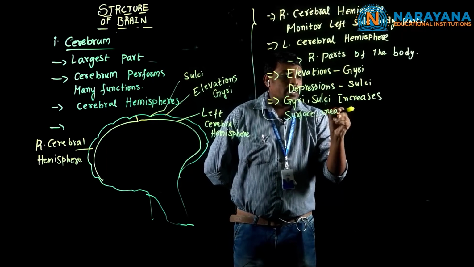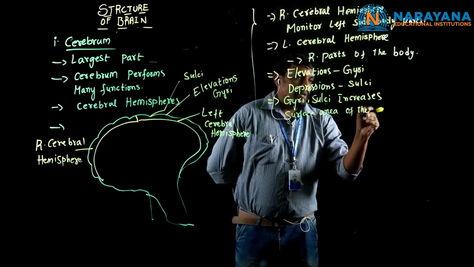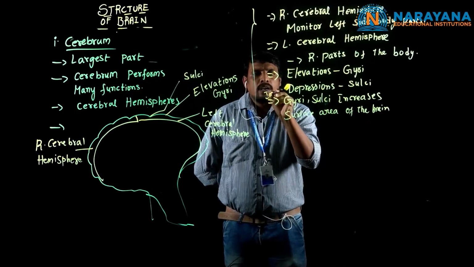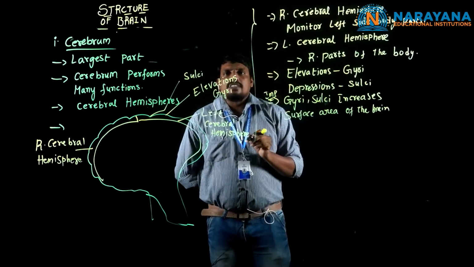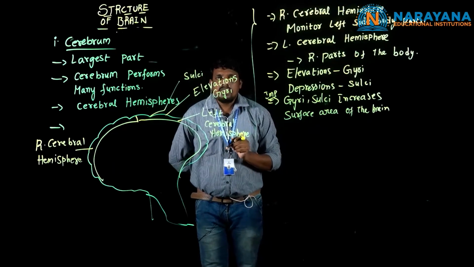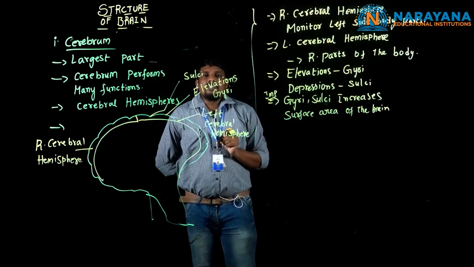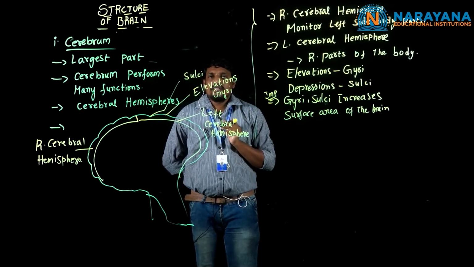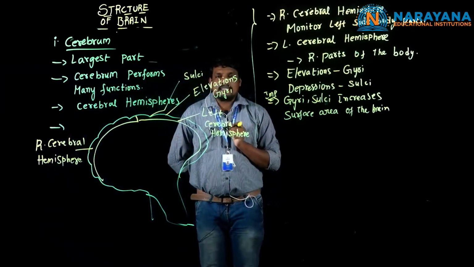Important point: the surface area of the cerebrum is increased by two major divisions, elevations and depressions. Elevations are called gyri, depressions are called sulci.